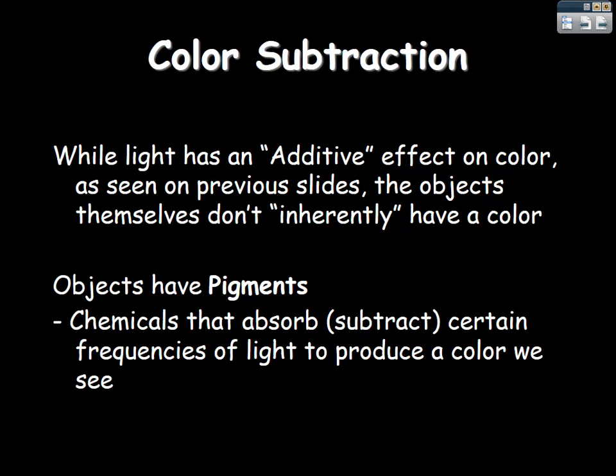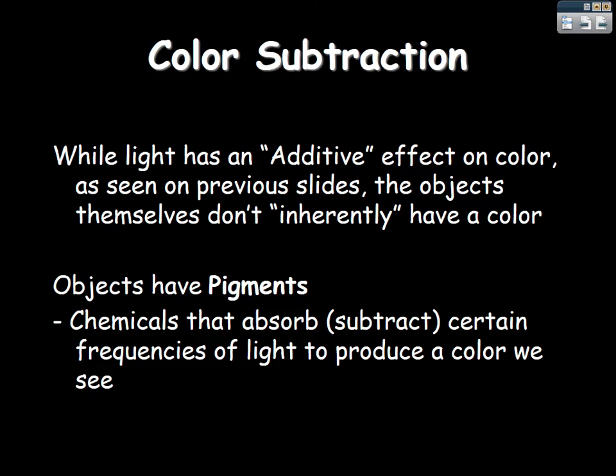Again, what we're looking at is the objects themselves. They don't necessarily have a color themselves. It's the color that ends up being reflected back that we see, which is kind of weird. It's because of the pigments inside of it that we're seeing the color being reflected back out.